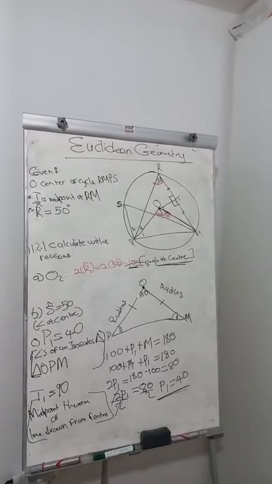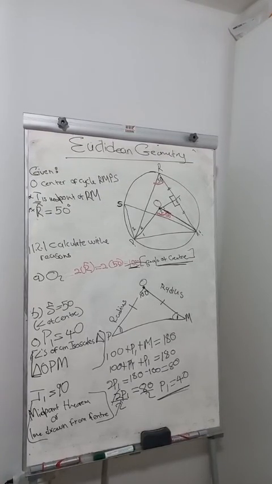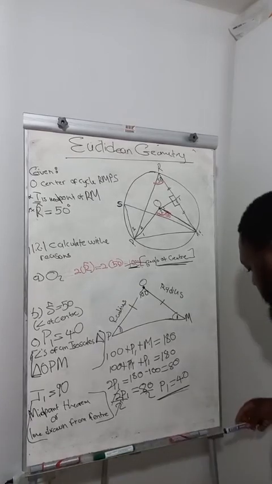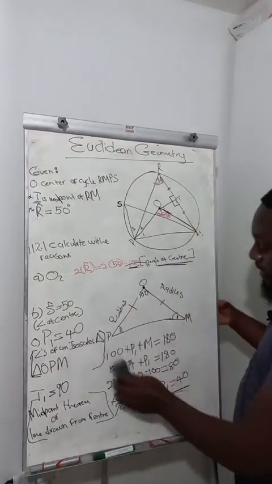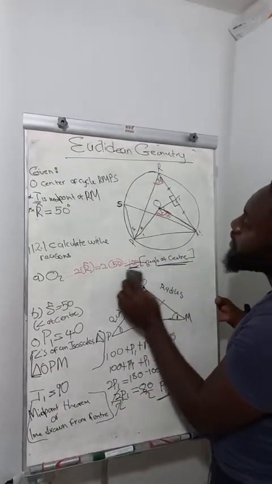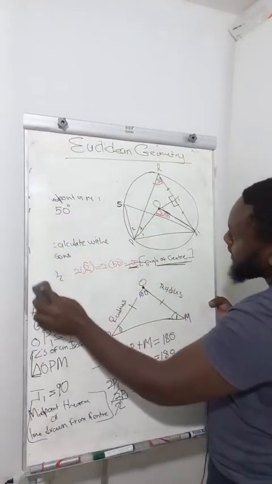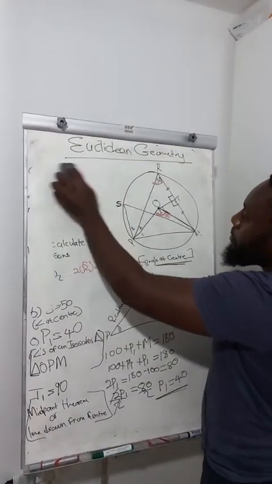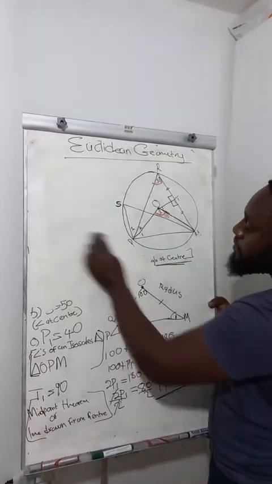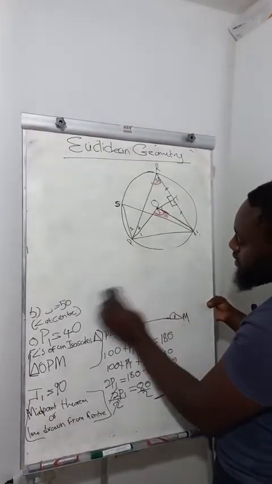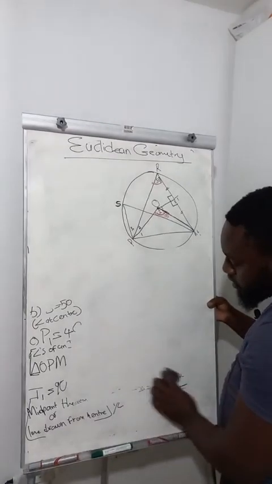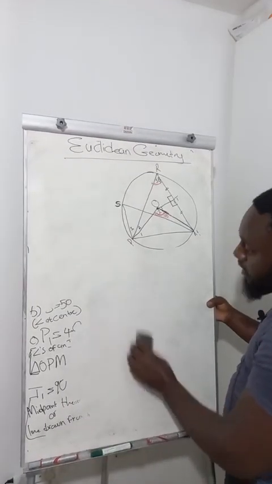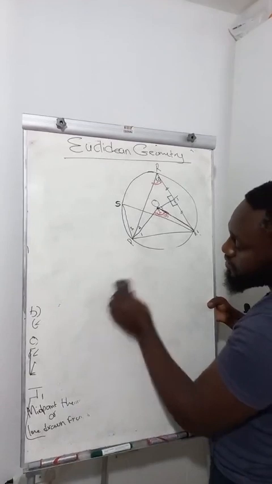I'm not seeing any question here, so let's move on. Again, guys, when we are dealing with Euclidean geometry, this year it's more about understanding the concepts and your theorems, looking at the diagram and trying to analyze it. Even I experience some difficulty when I solve other questions.